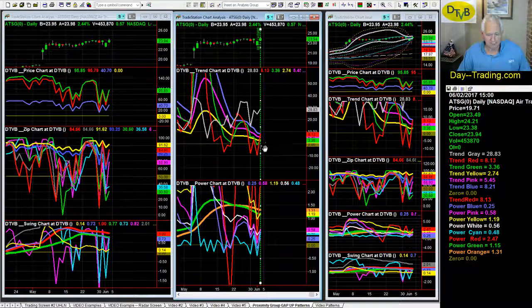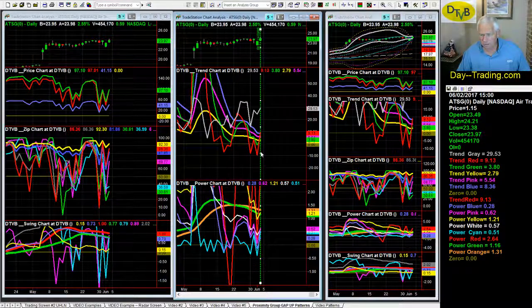Trend red right now is 813 and trend blue is 821. So trend red has now dropped underneath the blue line. So if it doesn't go back up by the end of the day, the gap may not be as strong. We like to see that trend red over, now, did I misread that?